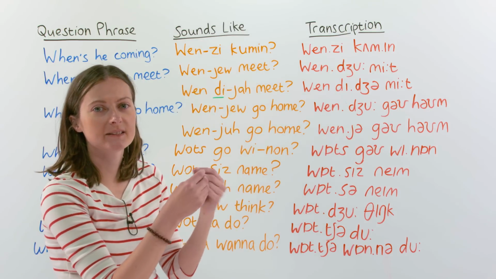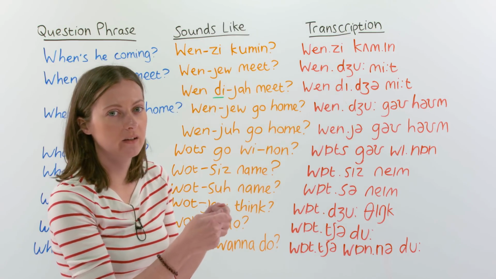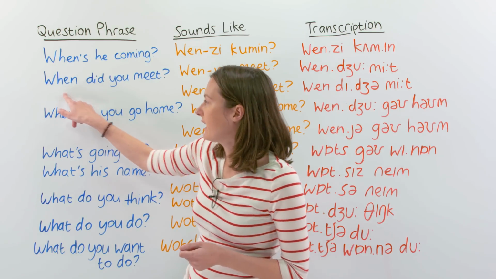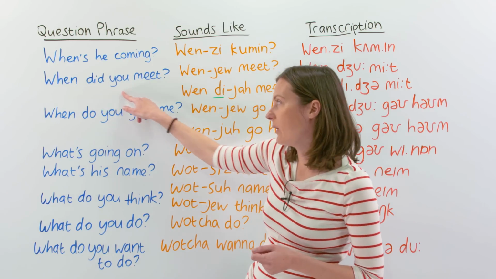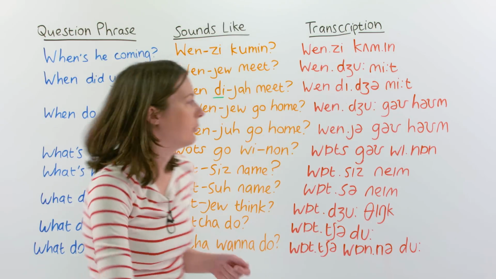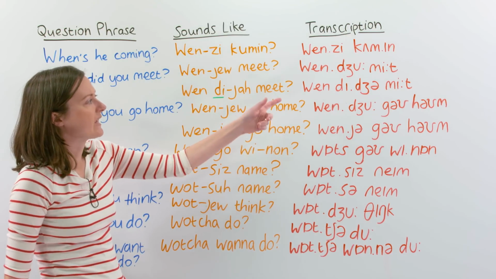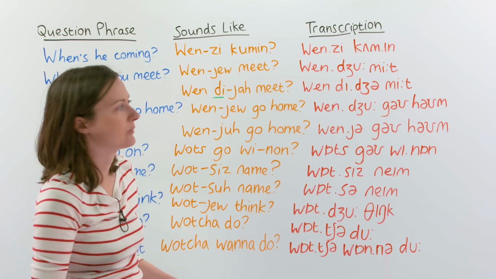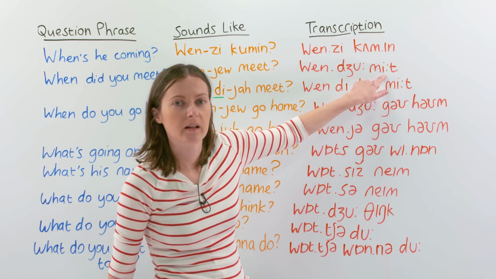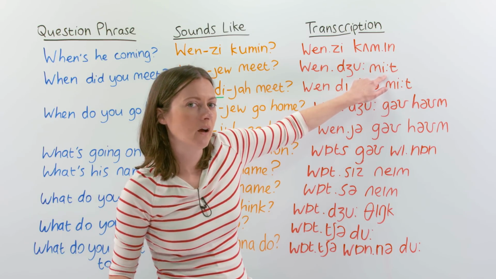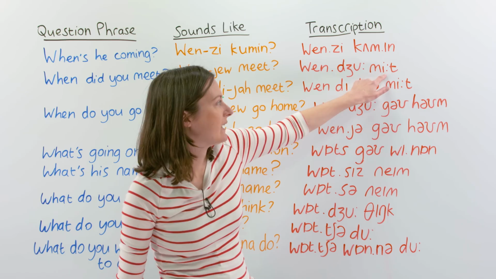This happens because the sounds blend into one another. If we go back here as well, when did you meet? Four sounds, four syllables. But here, when'd you meet? Only three syllables. When'd you meet? E, E. This is the long E sound, E, in meet.